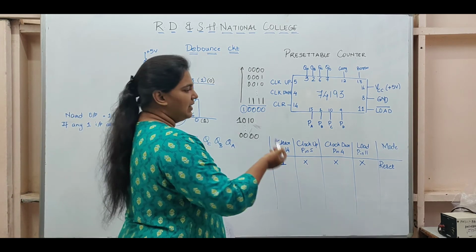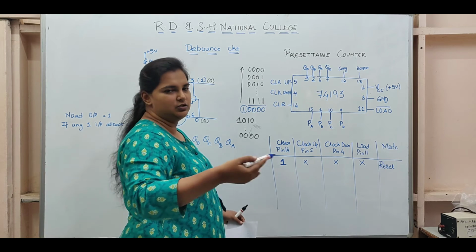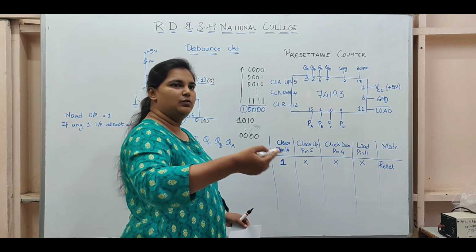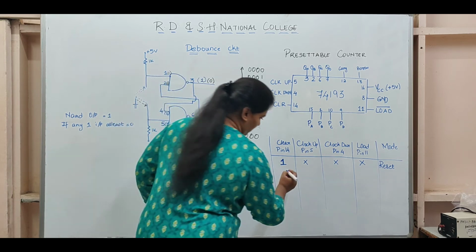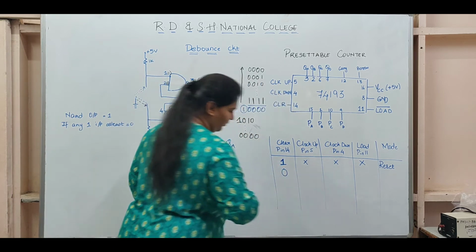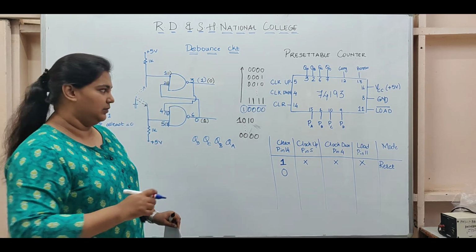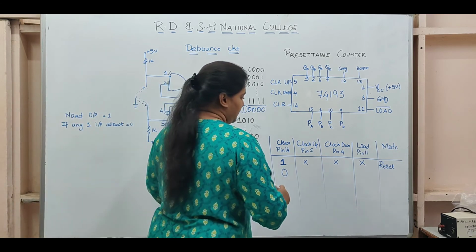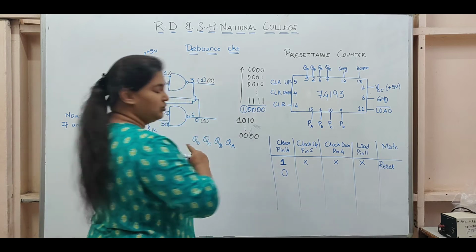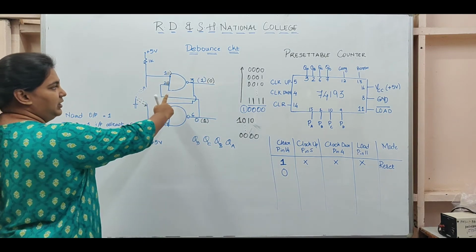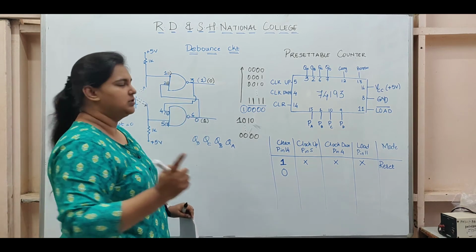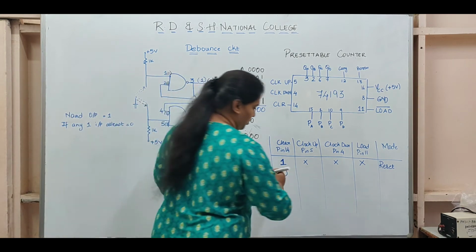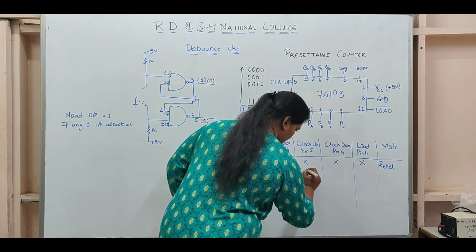Next, if I want to work in any of the modes, that is clock up, clock down, preset with clock up, preset with clock down, I have to make the clear pin 0. Now, my clock pulses are coming from the debounce circuit, which is pin number 3 or 6; you may use any one. Suppose I am using pin number 3. These pulses for up count are given to clock up.